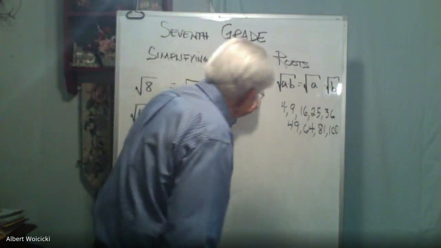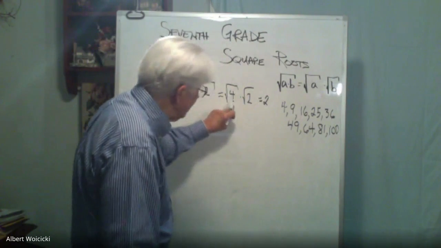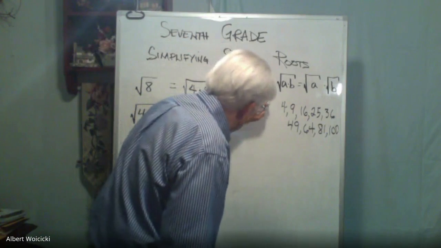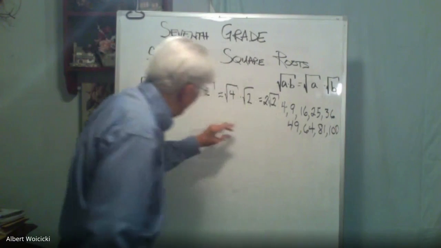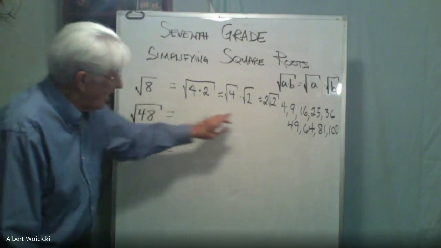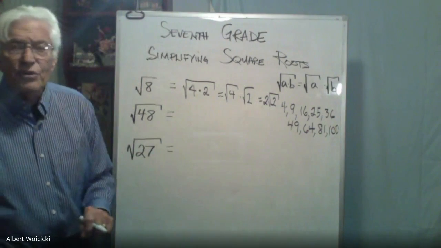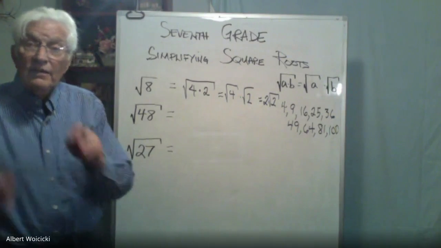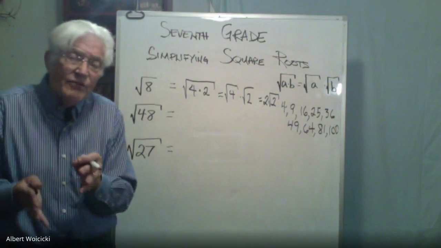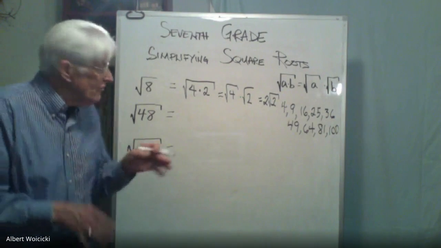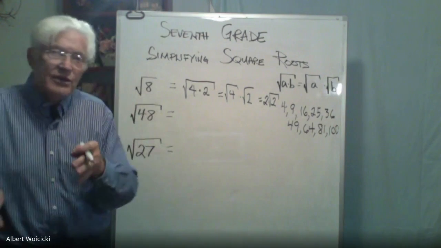So we get 2, because this can be changed. This cannot. So it's 2 times the square root of 2. To simplify the square root of 8, we get 2 times the square root of 2. That's simplifying a square root. We get rid of the factors inside the number that are perfect squares.